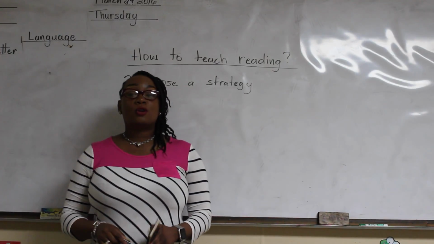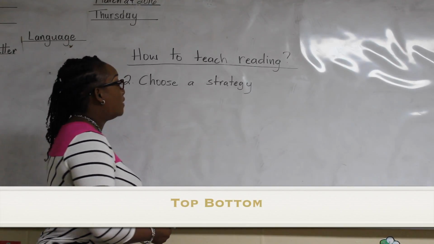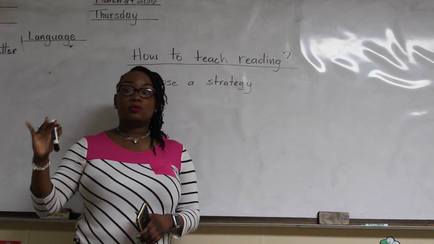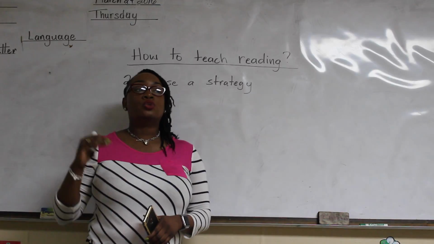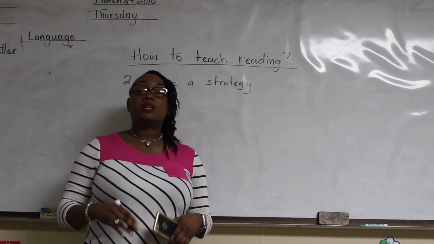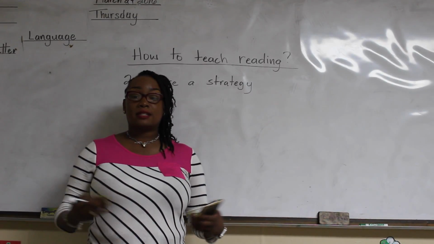The next strategy is called the top-down strategy. Okay? And this is where you don't focus on letters and sounds and words. You use more or less their background knowledge, or what we call a schema, so they can understand whole text meaning.